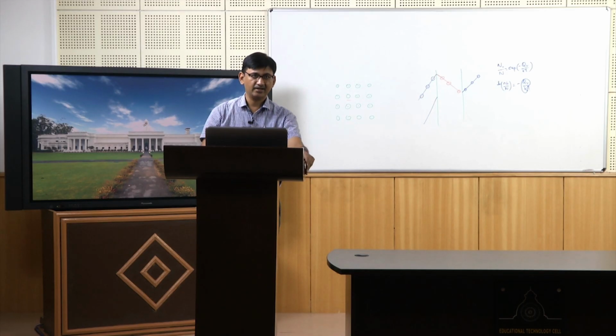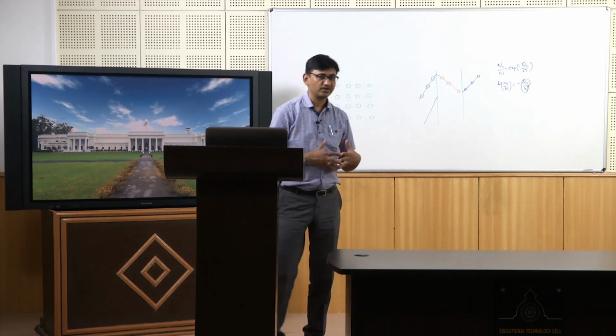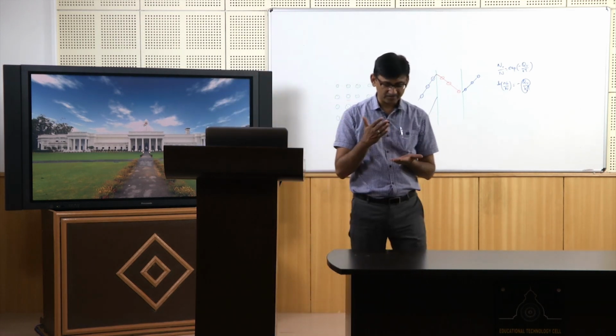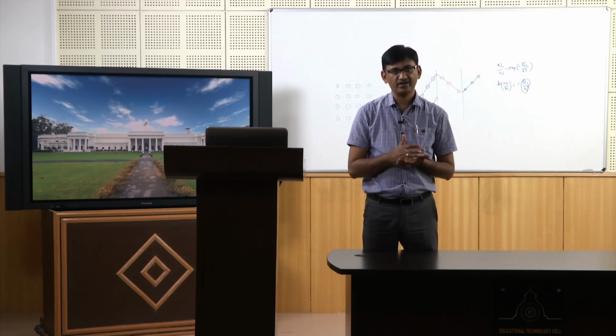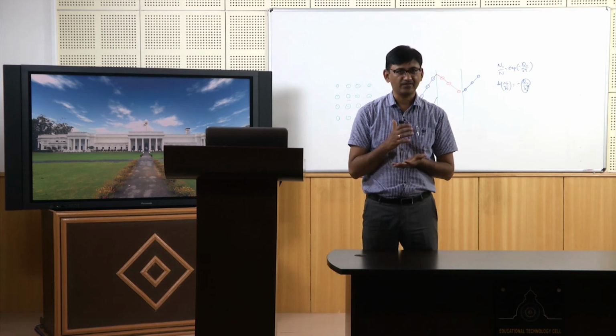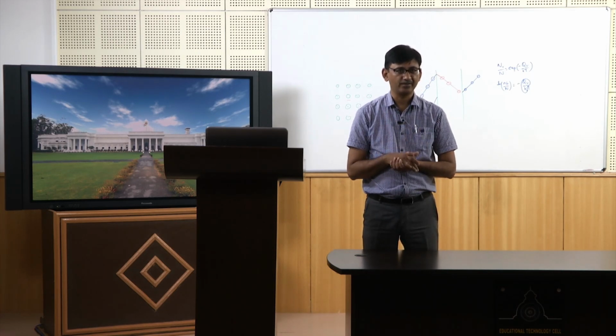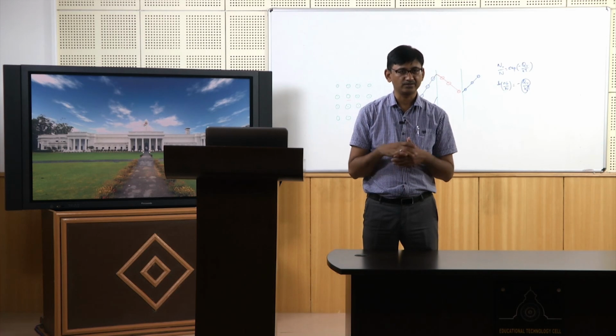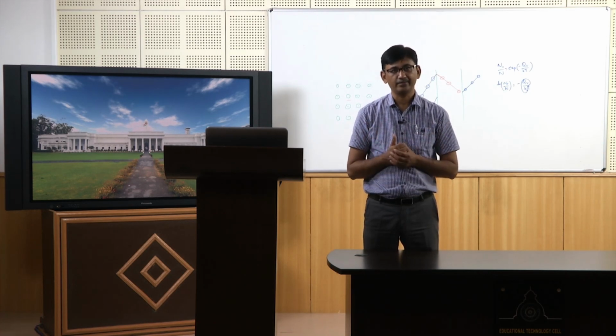So, with that this is about defects. We have seen point defects, line defects, and area defects. Line defects, the dislocations, are a very important defect to understand, because a lot of properties depend on them.